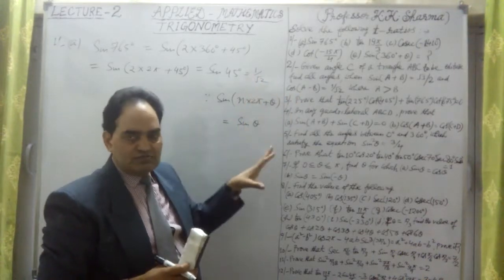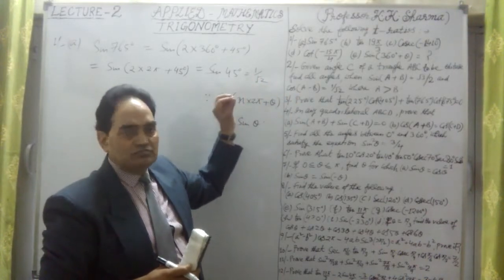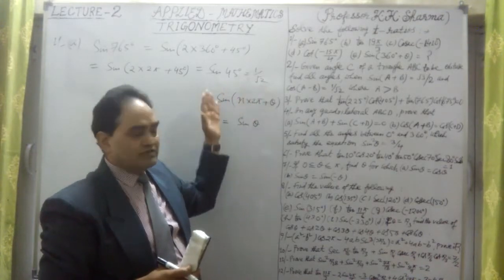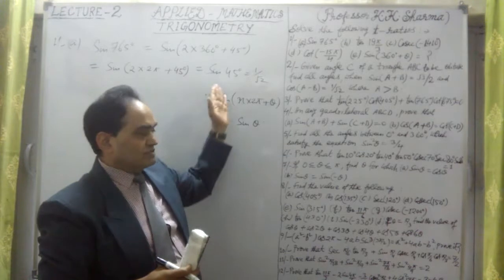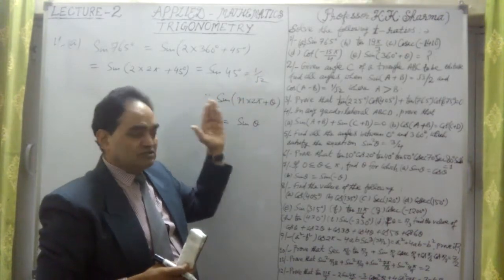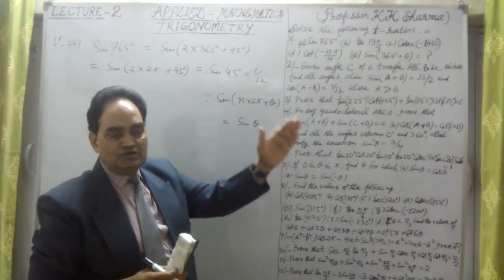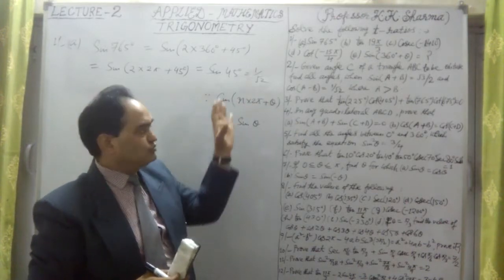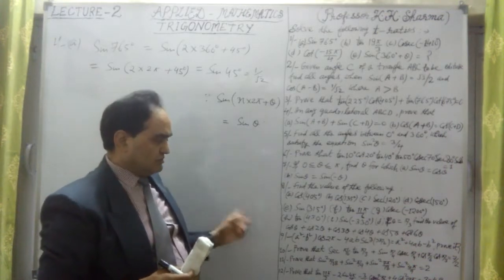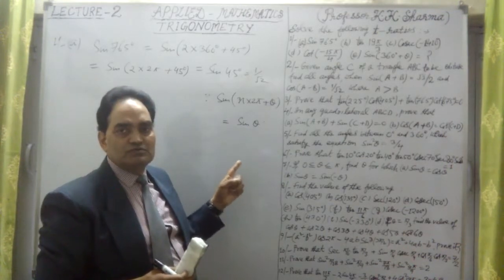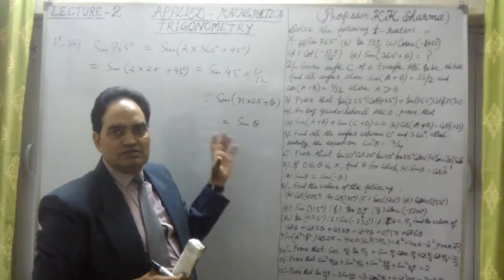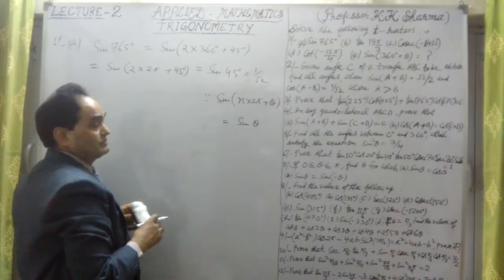I have already described how we calculate the values of sine, tangent, and the other trigonometric ratios for angles from 0 to 90 degrees, for example sine 45, cos 45, tan 45, and sine 0, 30, 45, 60, 90 degrees. I've already written down the table, and whenever the values are required for 90 to 180 degrees, I'll describe that in the same way, so it can be calculated easily.